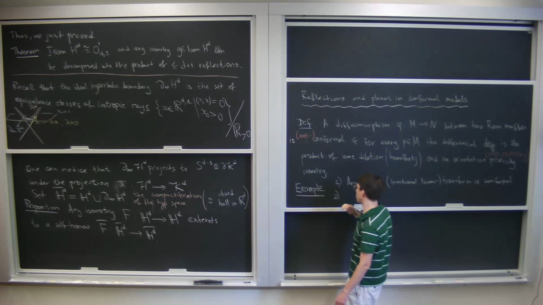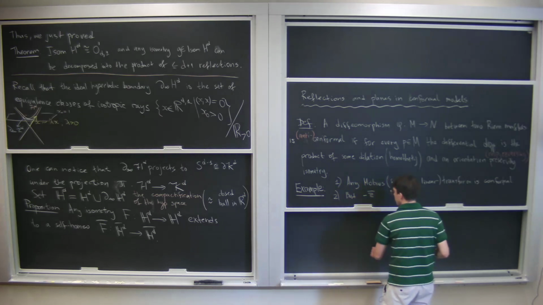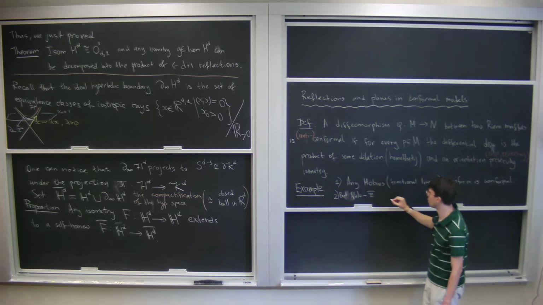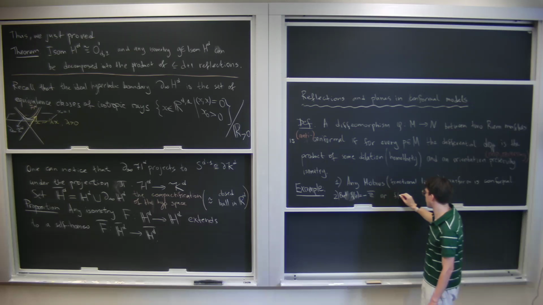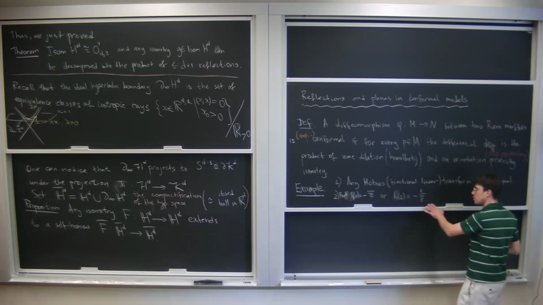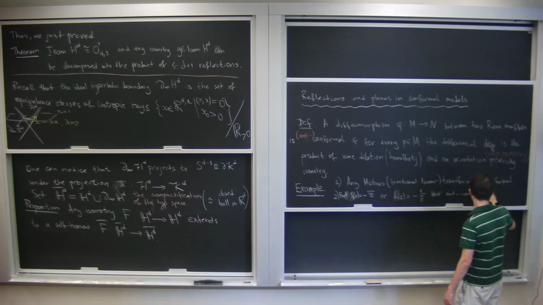And I will write something like that. The map f of z, which is minus z bar, or h of z, which is -1 over z bar, these are anti-conformal.